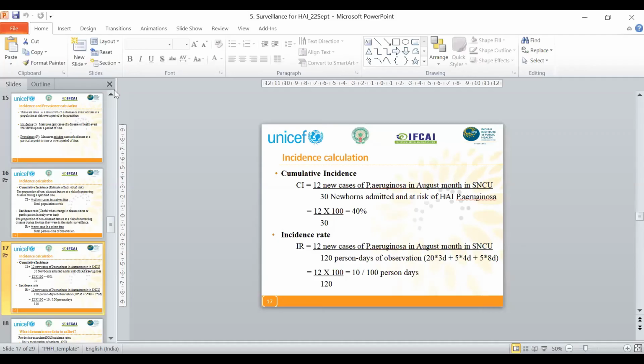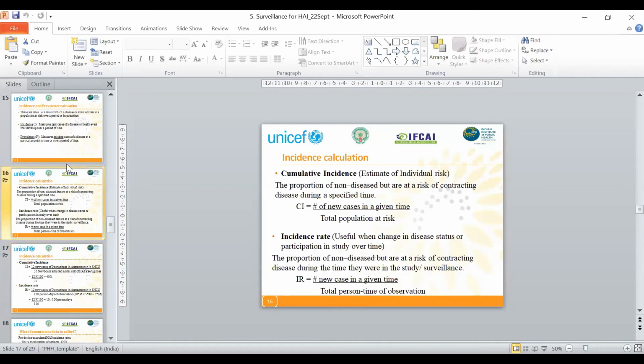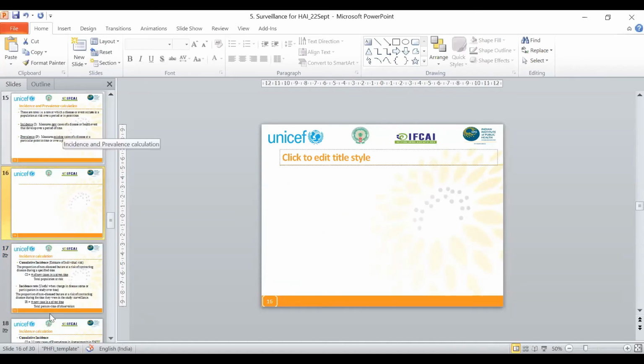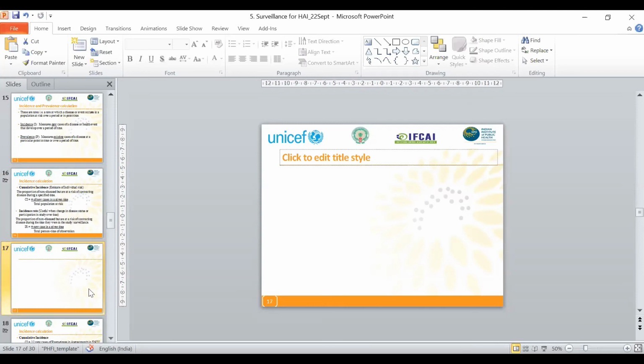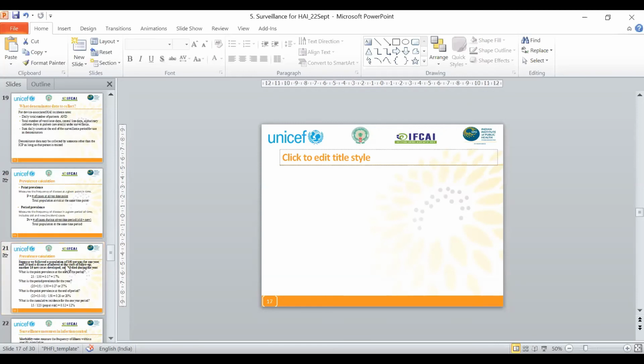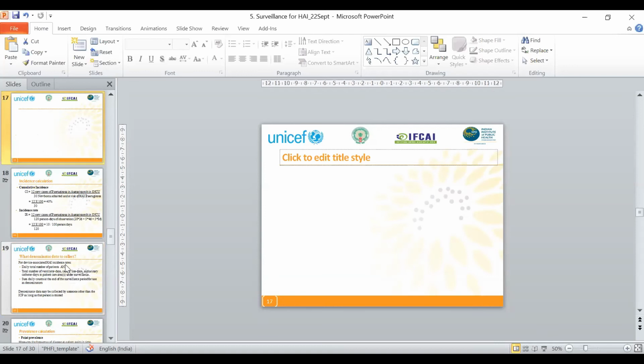Patient B had catheter for 5 days. Patient C had 10. Patient D had 4. So you sum up all the days of catheter, and then you look at how many events of infection were accounted in these patients who were at risk of getting healthcare acquired infection due to urinary tract catheter.